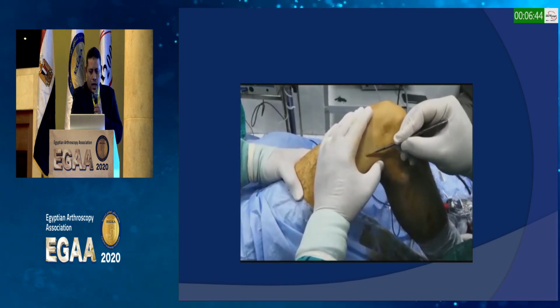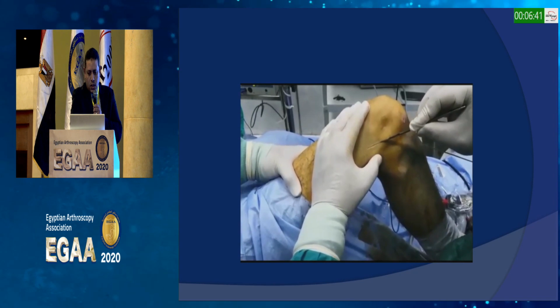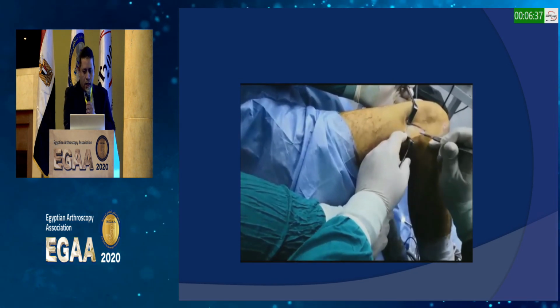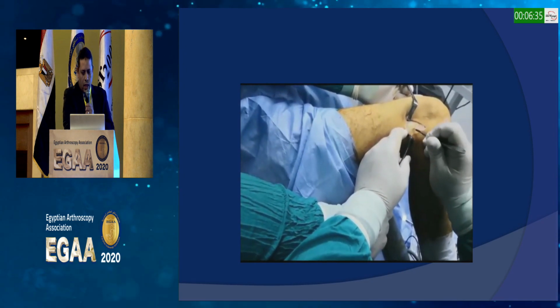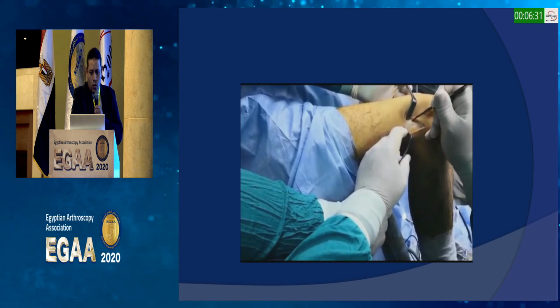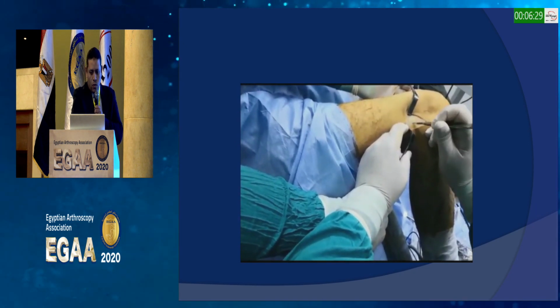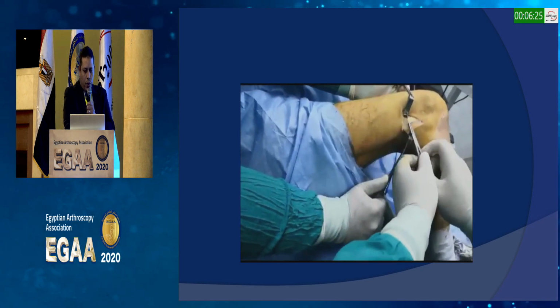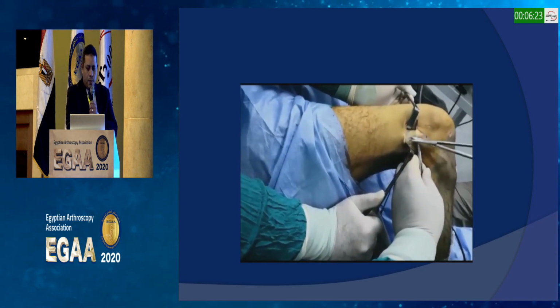After that, we make a long incision, about 6 centimeters, at the lateral femoral epicondyle. Then we identify the IT band, and we take a band of the IT band of about 1 to 1.5 centimeters wide. Then we carefully release it proximally.